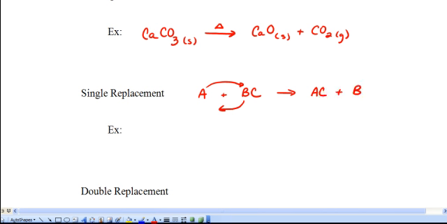A great example of this is taking aluminum. You can take aluminum foil and put that in a solution of copper 2 chloride. When you do that, the aluminum is going to replace the copper, so you're going to be left with AlCl3 due to the charge on the aluminum, and then the copper is going to go off on its own.